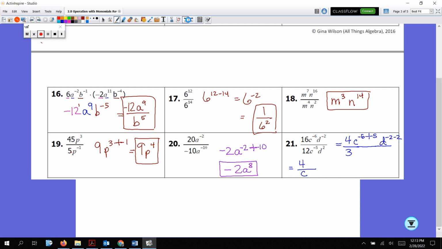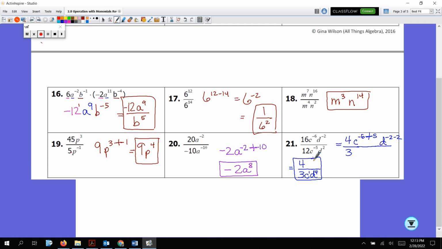I wrote C on the bottom, and I don't know why. Negative 6 plus 5 is negative 1. That's going to come down here and have a positive 1 now. And negative 2 minus 2 is negative 4, so that's also going to come down and have a positive 4. That one's a little complicated, I'm not going to lie.